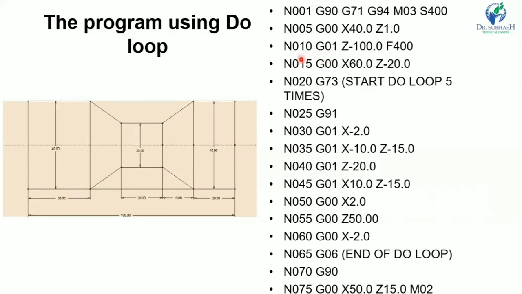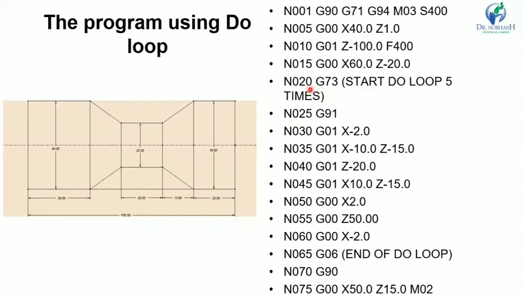Then G01 linear interpolation Z minus 100 and feed rate is 400. So Z minus 100, that means you start from here to here. Then G00 X60 Z minus 20. That means Z minus 20 and X60.